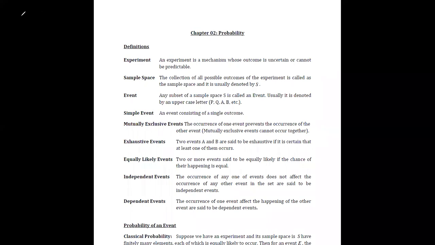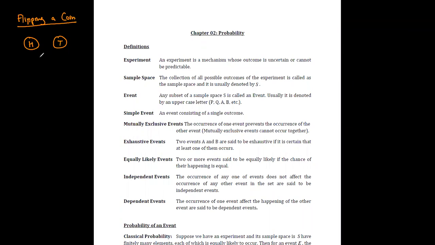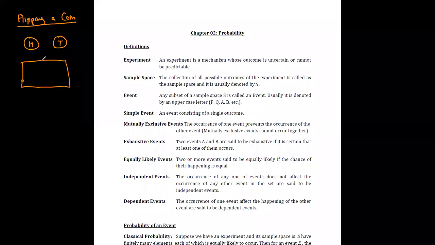Consider flipping a coin. You get either head or tail. If you use a Venn diagram, in one part you get head and in another part you get tail. These two events, getting head and getting tail, complete the sample space.